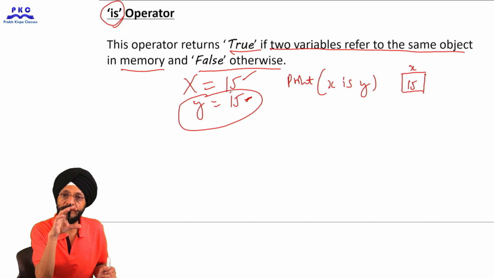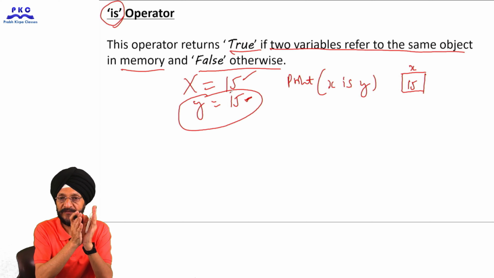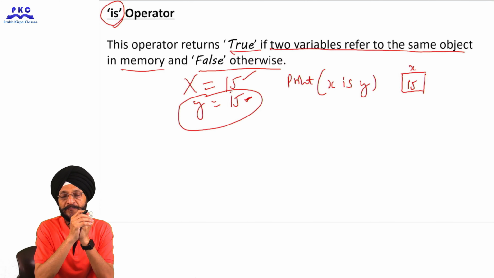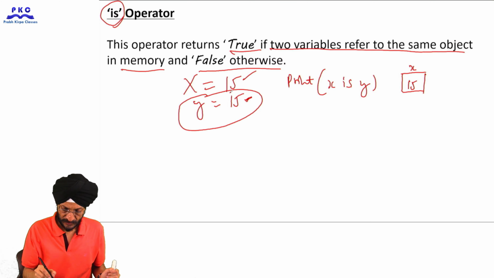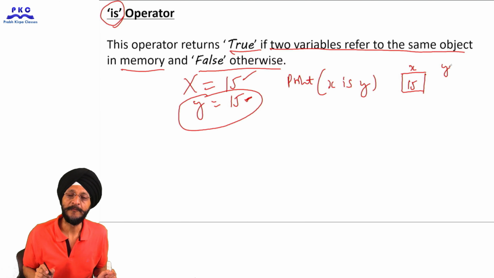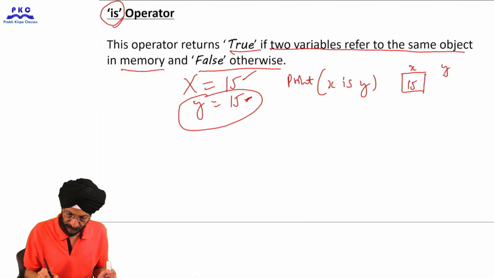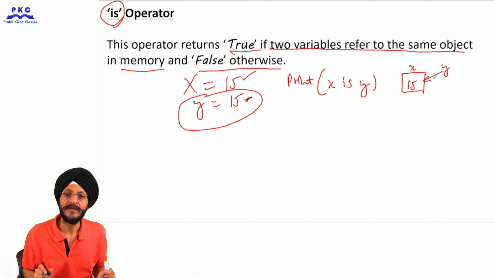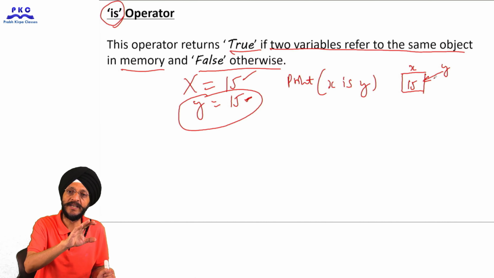It is having the same value and same data type. Now this is the variable y, and the y will also refer to the same object in memory.